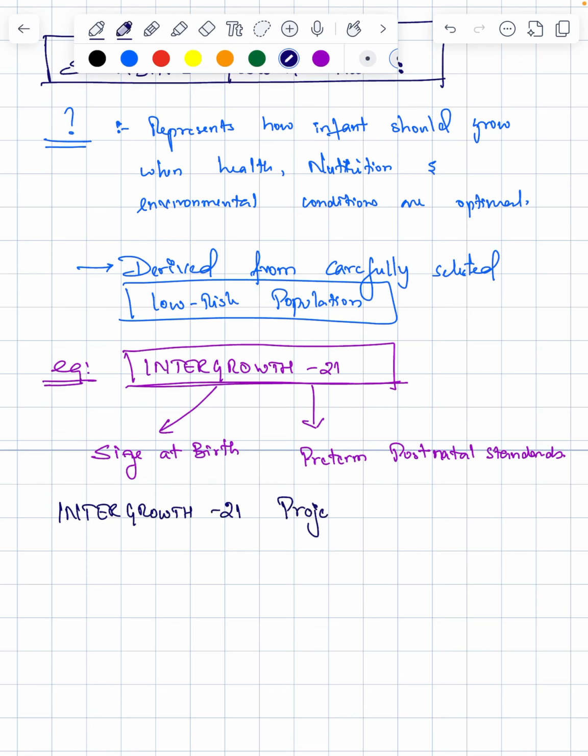So this Intergrowth 21 project has followed more than 59,000 pregnant women from 8 countries.